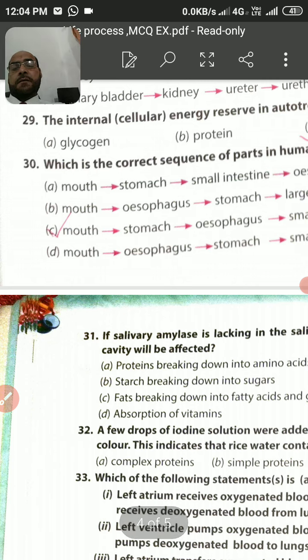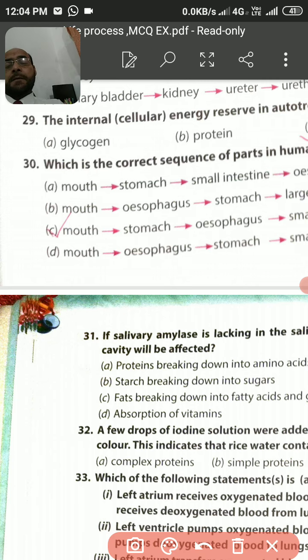So this is the correct sequence B. The answer will be B. Unfortunately the tick put here is wrong. So the answer will be B.